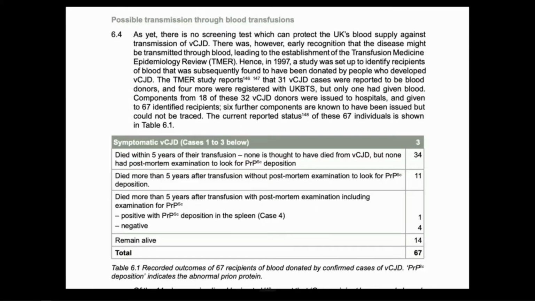Yes, so this is a very good example of the sort of triangulation of record sources that we've discussed before, that may not have happened before, but certainly has happened in relation to variant CJD.